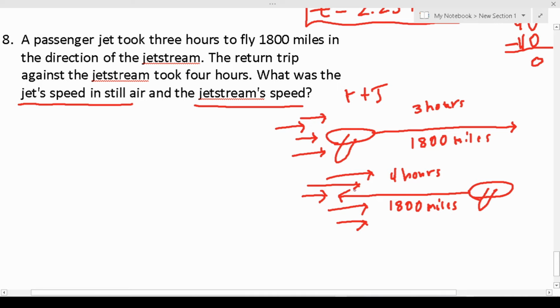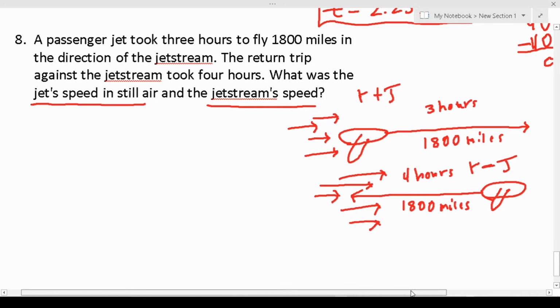In order to illustrate this, I'm going to say the rate of the speed of this jet is being slowed down by the jet stream in this case. So that's going to be r minus j, where j refers to the speed of the jet stream.